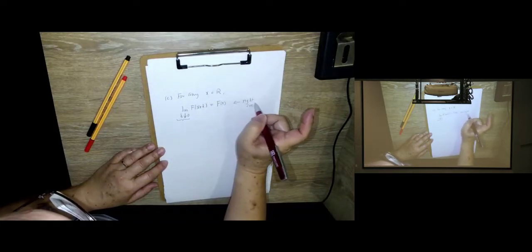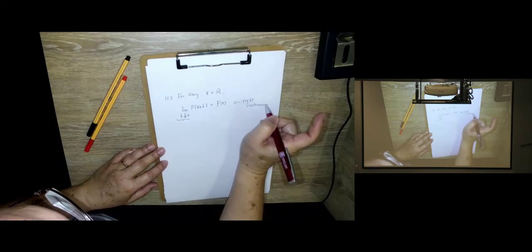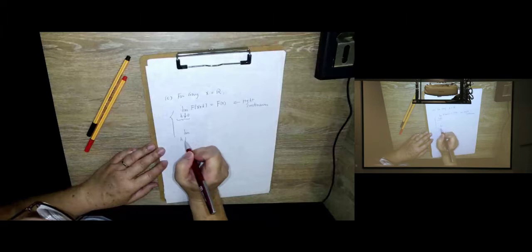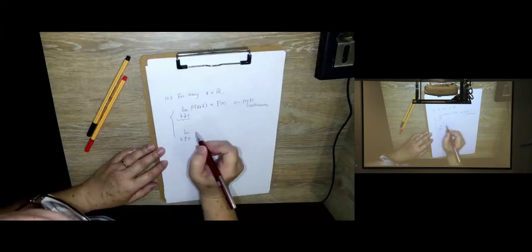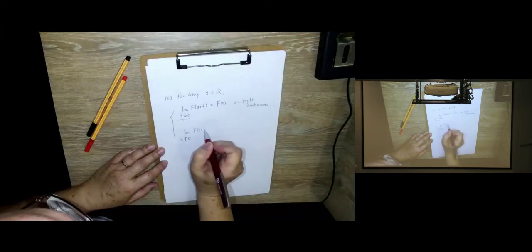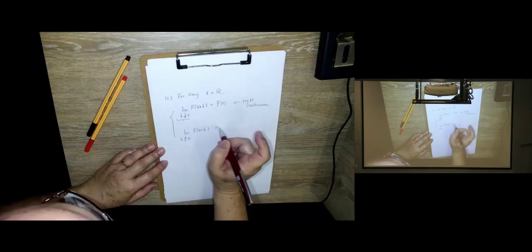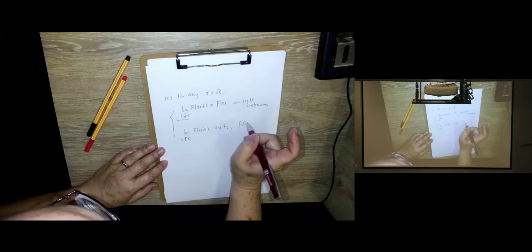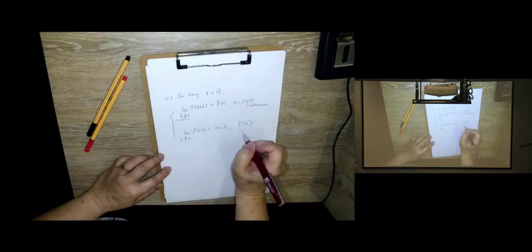This is right continuous. And then h is going to 0, the limit exists. And this is actually what we were using as a notation here. So left limit.